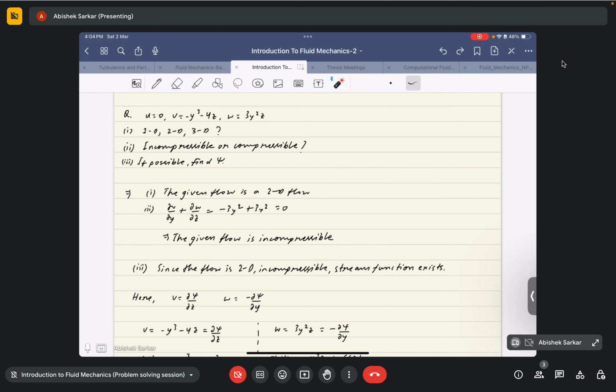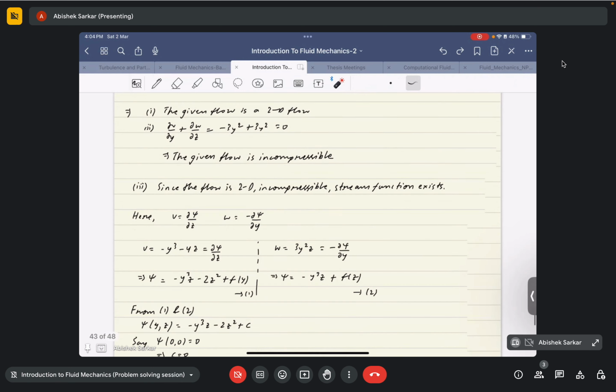The partial derivative of v with respect to y gives minus 3y square, and ∂w/∂z gives 3y square. If we add them, we get ∂v/∂y plus ∂w/∂z equal to 0. And since the flow is 2D and incompressible, this flow can be defined using stream functions.